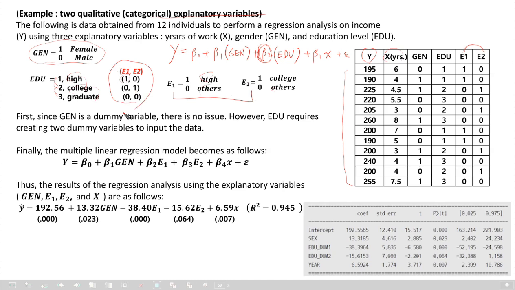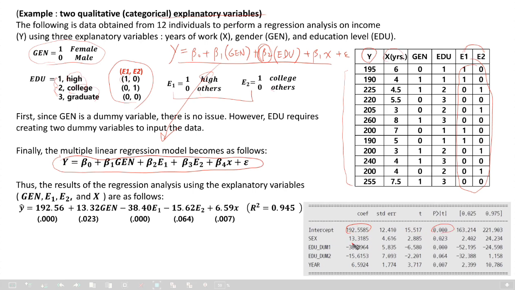So you have to change your model to this: beta 0 plus beta 1 gender plus beta 2 E1 plus beta 3 E2 plus beta 4 X plus epsilon. You input this data into your computer, and you get a result like this. Intercept 192.56, p-value 0.00.